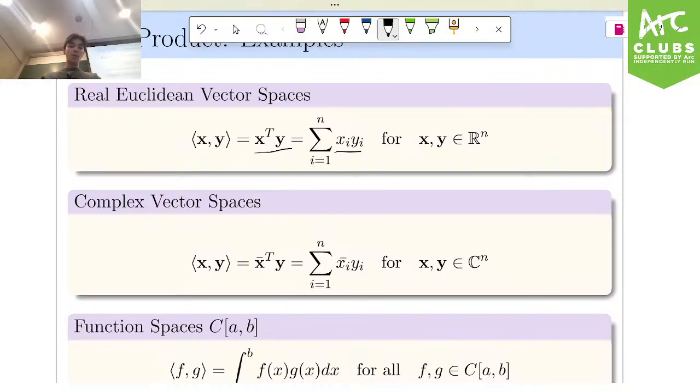It's a little bit different for complex vector spaces in that for the terms of the vector on the left, we take the conjugate of them before taking the dot product, right?